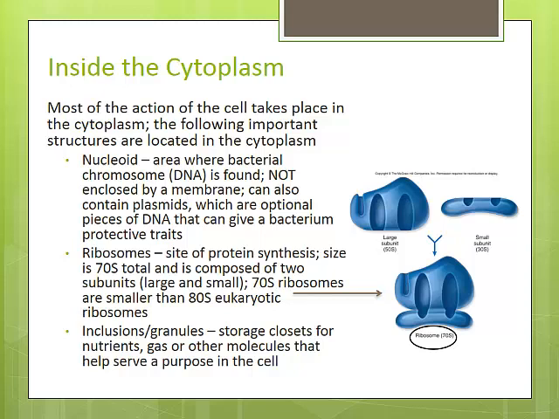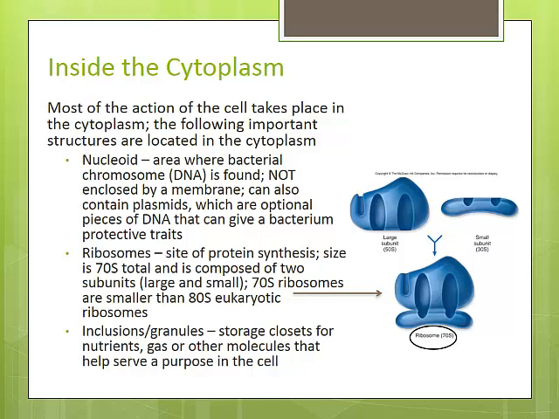It is not enclosed by a membrane, so it's not considered to be a true nucleus like we will see next time eukaryotes have. So eukaryotes have these true nuclei, but prokaryotic cells only have what is known as the nucleoid. The nucleoid area can also contain plasmids, which are optional pieces of DNA that can give a bacterium protective traits, like antibiotic resistance, for example. The ribosomes, which is what we see in the figure to the right of the slide, those are the sites of protein synthesis.